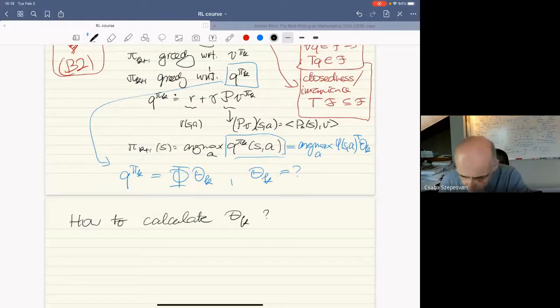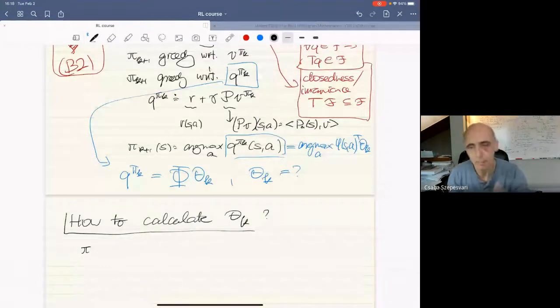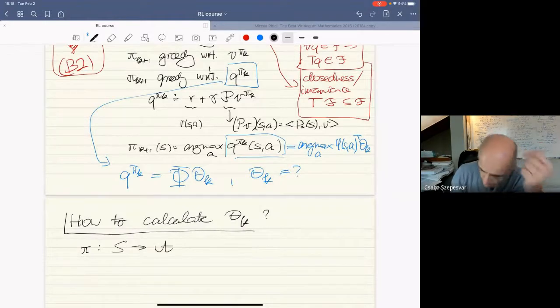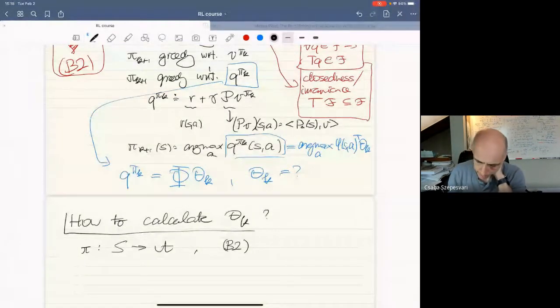Oh, this problem, we can generalize this a little bit, make this sound fancy. It can be phrased as follows. You have a policy pi. This is going to be, let's say, a deterministic policy. And you have B2. And you have a simulator.